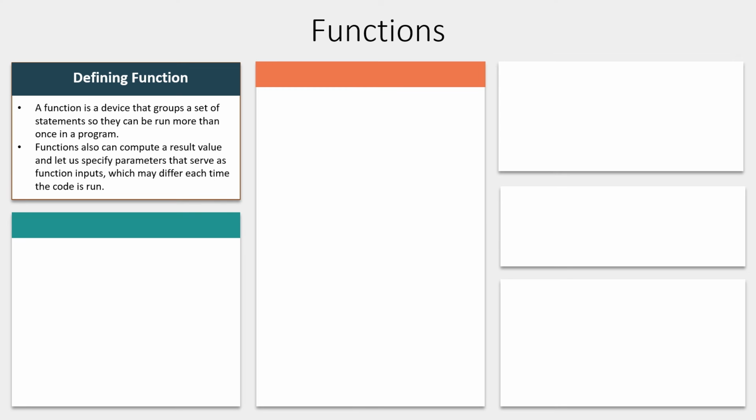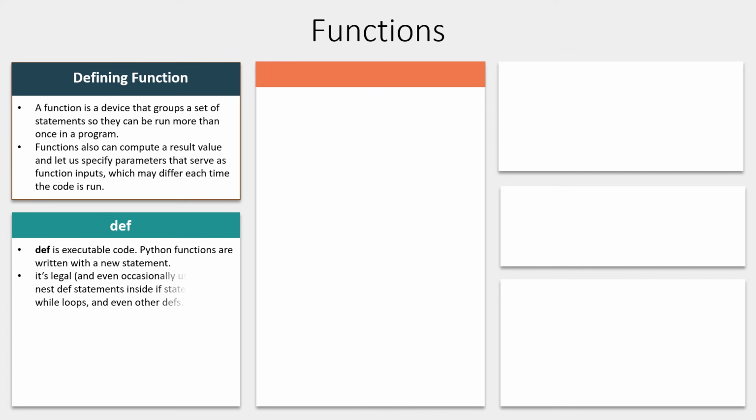So now we will look into how to code the function. Python functions are written with a new statement, the def, unlike functions in compiled languages such as C. Here def is executable code, and it is legal to nest def statements inside if statements, while loops, and even other defs.